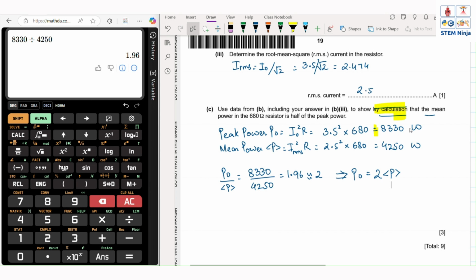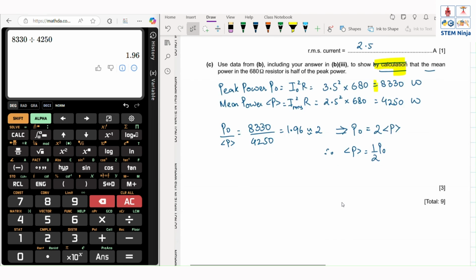Or, sorry, the mean power is half, so mean power is half the peak power. All right, so that's our proof.